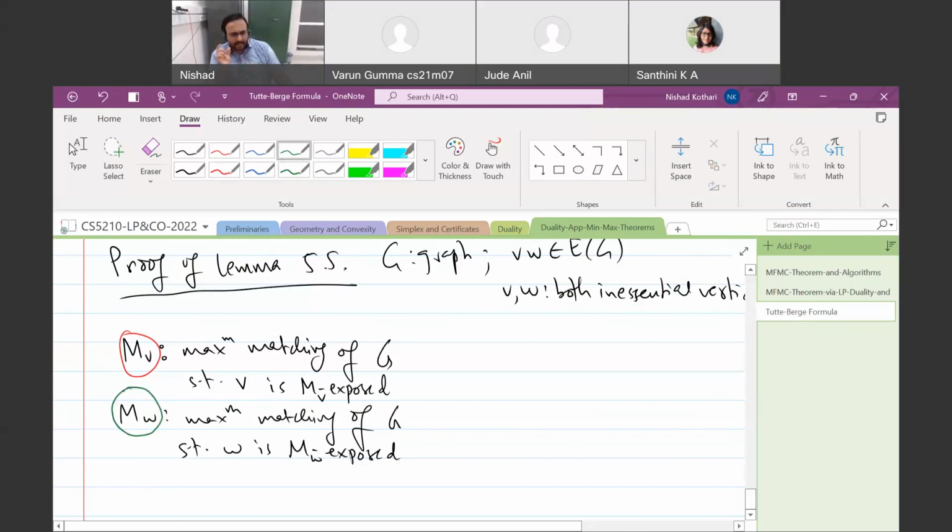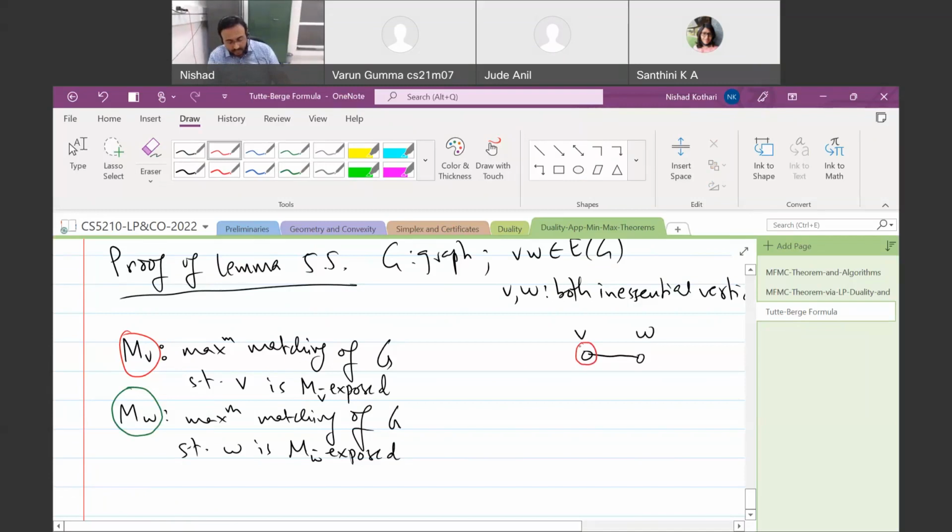Okay, so we have a red matching and a green matching. All right, and we have this edge VW in the graph. So the red matching does not match the vertex V. So what I will do is I will put a red circle around V, indicating that it is not matched by the red colored matching.